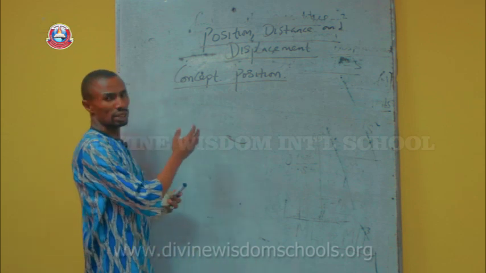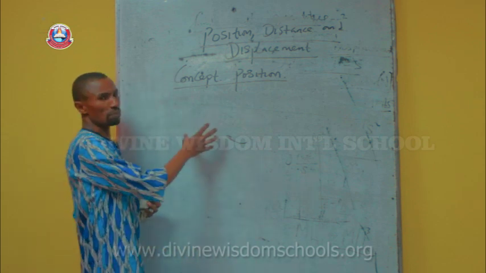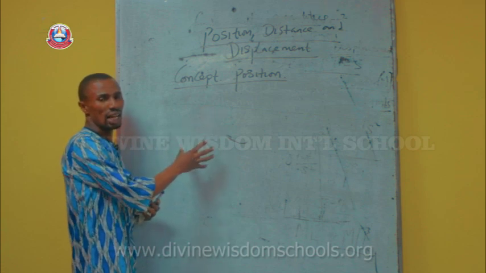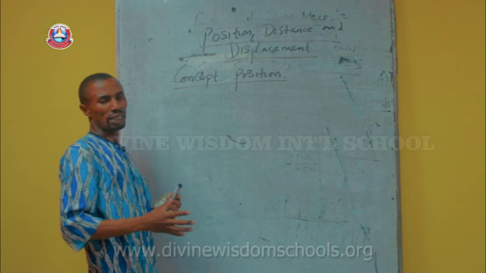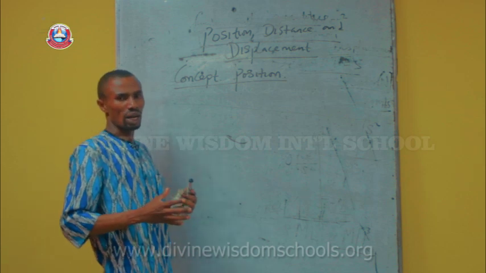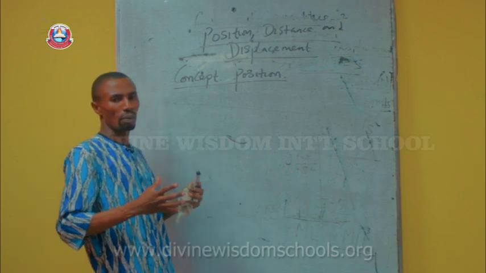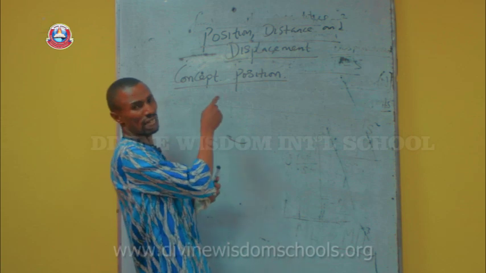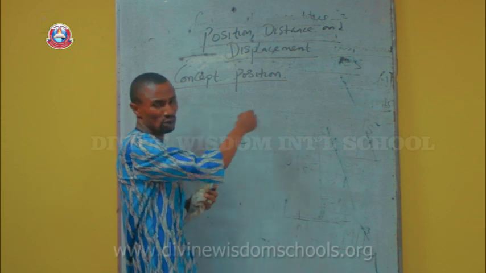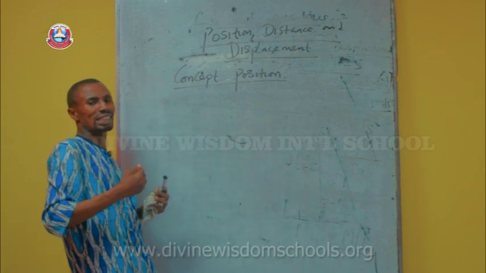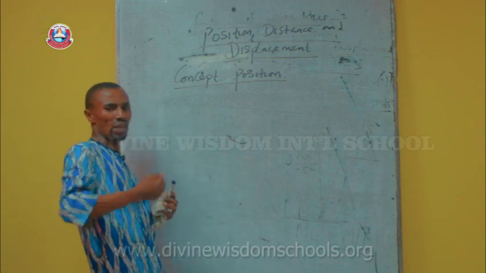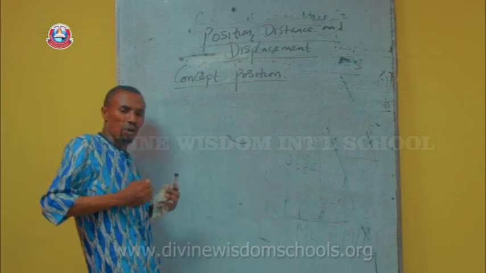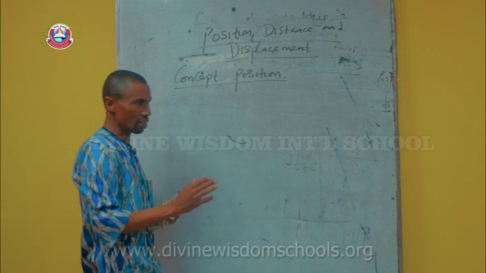As I'm teaching right now, this board is located at a particular position. So, by the time you walked in and you were asked, where is the board located? You said it is located with reference to something that is a part of where the board is. That is what we mean by reference point. So you begin from that. We call it the starting point.